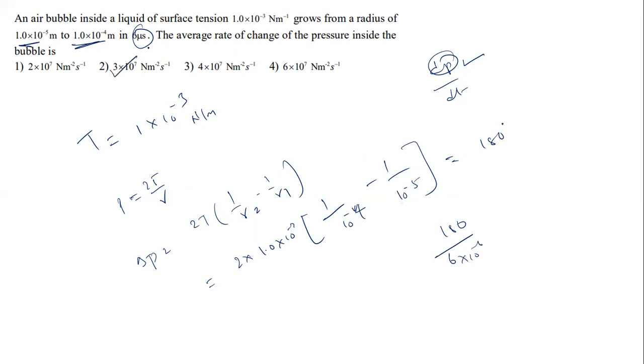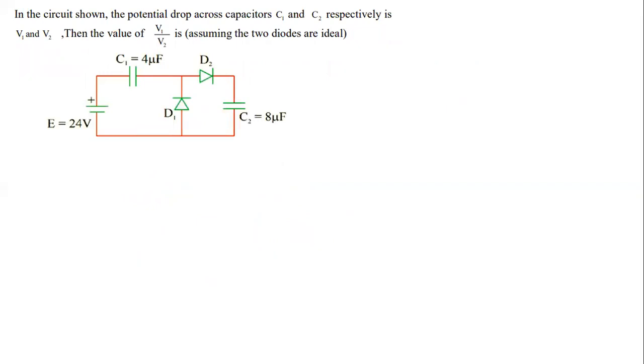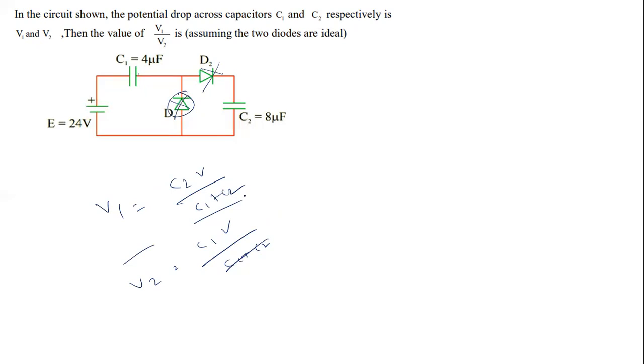It's around this one. Now, in the circuit shown, what is the potential drop across the capacitors C1 and C2 respectively? So this is which bias? Forward bias. This is reverse bias. This will not work, and the diode will not offer any resistance. So the potential drop across them: V1 is equal to C2 V by C1 plus C2. V2 is equal to C1 V by C1 plus C2. They are asking for the ratio V1 by V2. V cancels. 8 by 4, so 1 by 2.